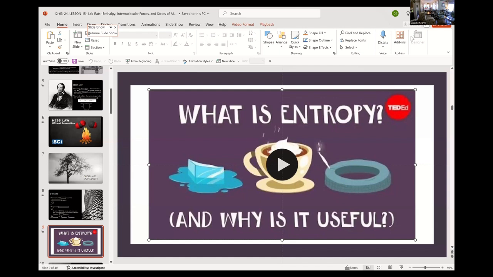So matter will change from one state to another if thermal energy is absorbed or released. So if you are liquid water and you were absorbing energy, what are you changing into? Right. And if you are releasing energy, what are you turning into? Ice. That's right.